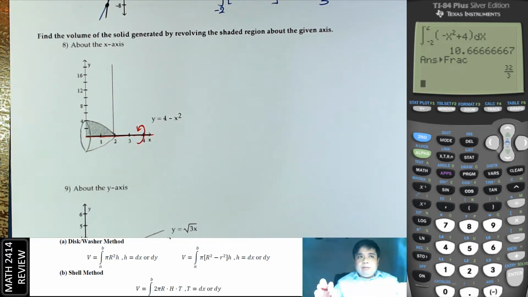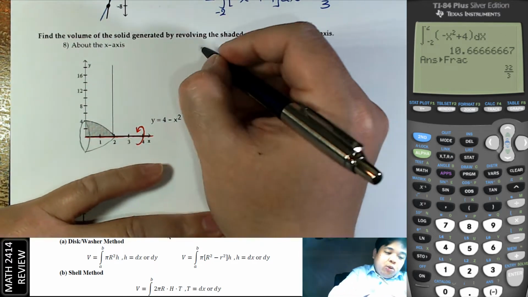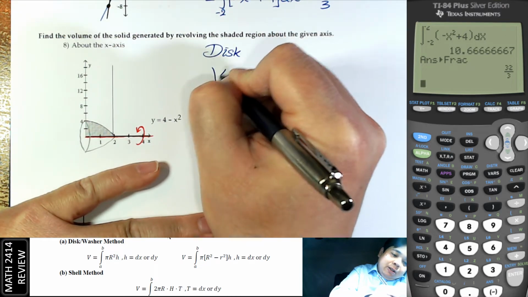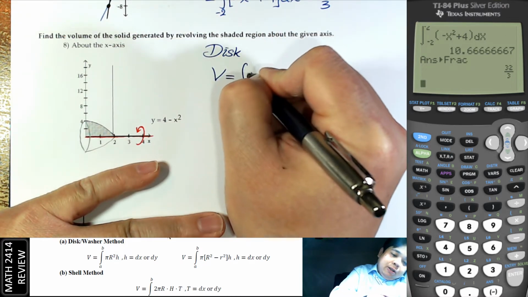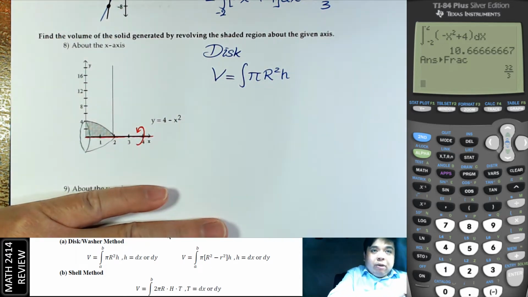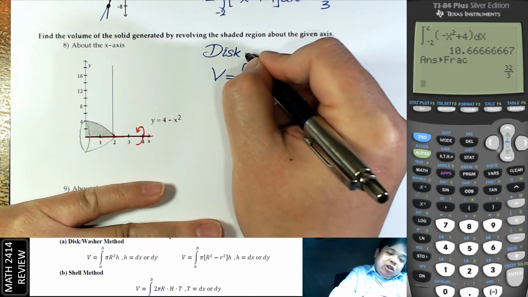Right, now, because the axis of rotation is part of the boundary, this is going to be a disk method, so we use the disk method. Let's start with the disk method. That's the form of the disk, and the limit determined later. That's why a and b are generic like this.